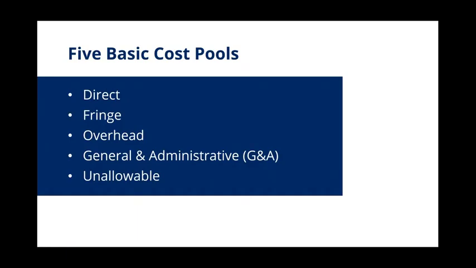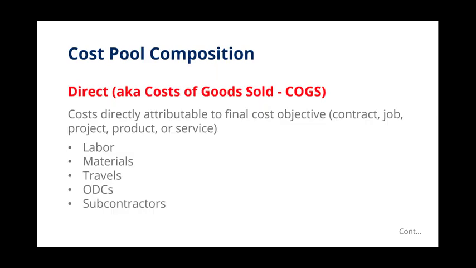All right, the 5 basic cost pools that we're going to talk about today when we talk about the fundamentals of indirect rates are direct, otherwise known as cost of goods sold, or COGS, the fringe pool, overhead, G&A, and unallowable. So with that, let's dive into direct.